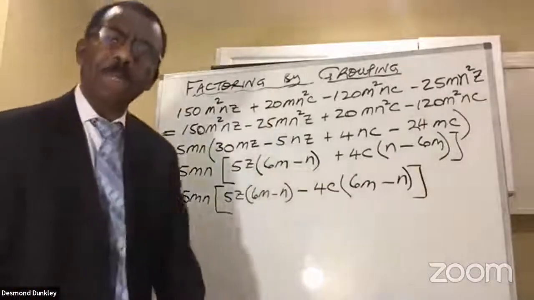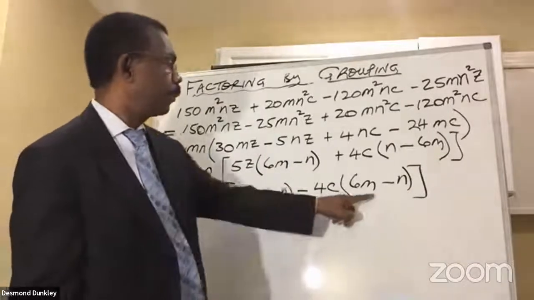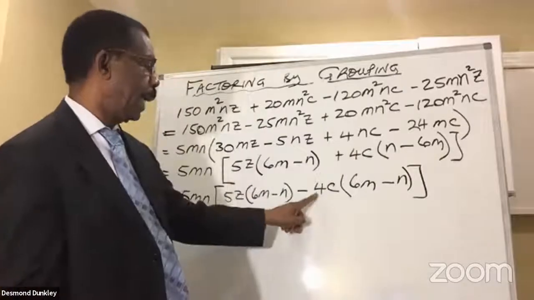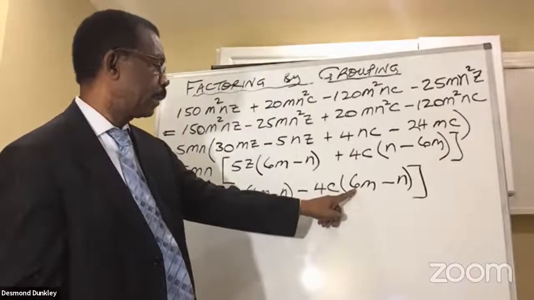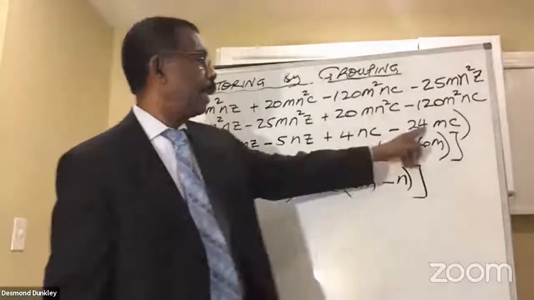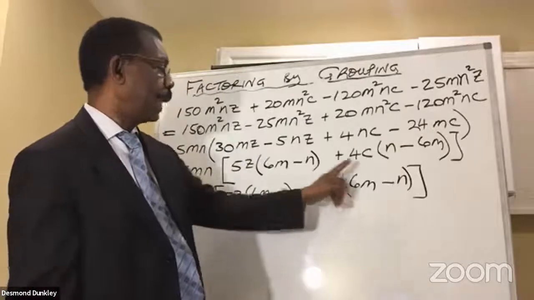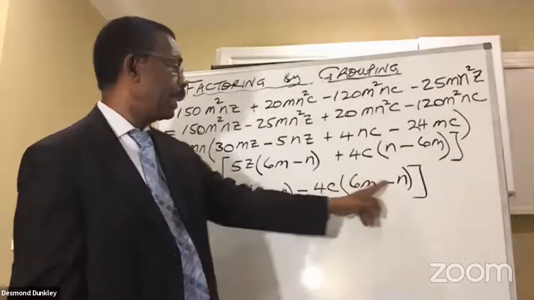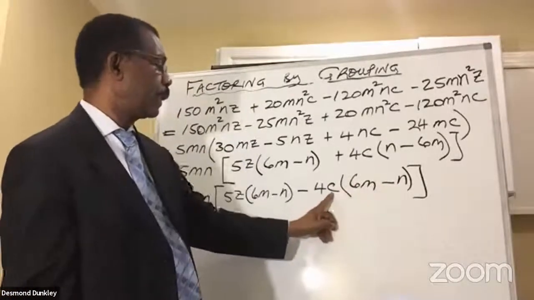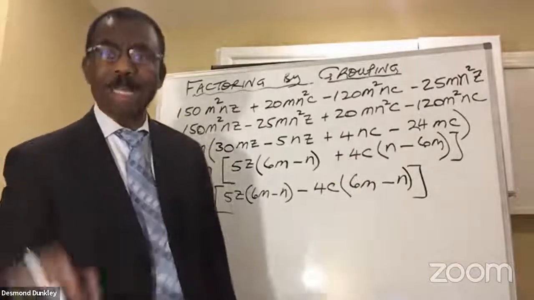Let's double check and see if we're crazy or it's right. We're going to multiply these two and see if we end up here. Negative 4 times 6 is negative 24. M times C is MC, negative 24 MC. Negative 4C times negative N. Negative times negative is positive. 4C times N is 4NC, or 4CN.